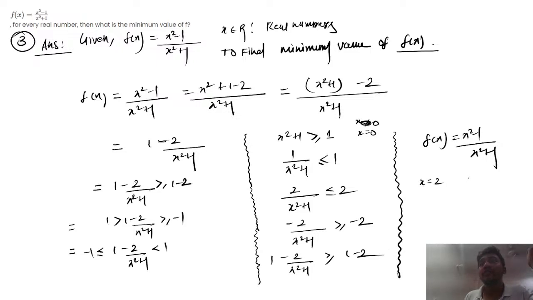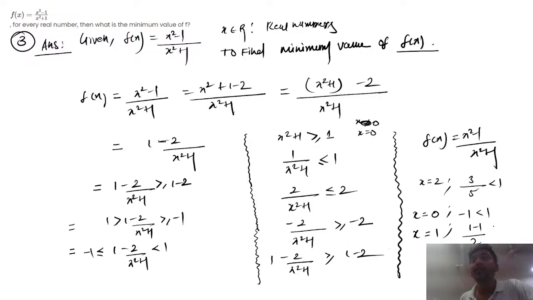So what is this? 3 by 5, again less than 1. Suppose we take x equal to 0. In this case, what comes? Minus 1, again less than 1. Suppose we take x equal to 1. So what will be the result? 1 minus 1 upon 2, 0 by 2, 0. Again 0, less than 1.